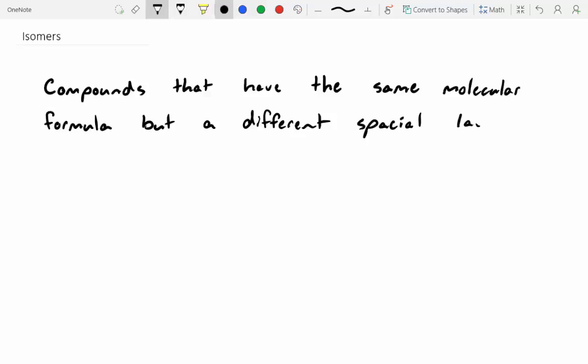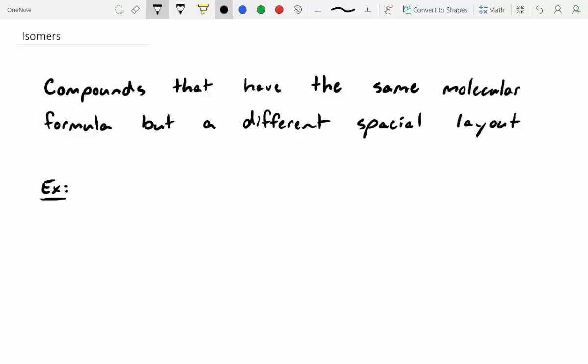If we look at number 2, sulfur, carbon, and nitrogen have the same layout. All we're doing is moving electrons, so that's an example of resonance. If you're physically moving an atom around to a different portion of a molecule, that would be an example of an isomer.